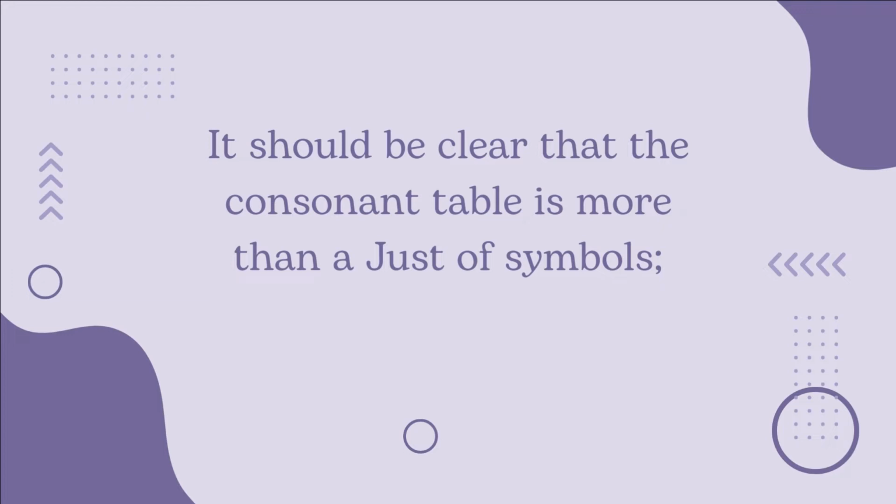It should be clear that the consonant table is more than just a list of symbols. It embodies a classificatory system for consonants. It allows the user to ask questions such as, how should I symbolize the voiced sound involving complete closure at the uvula?